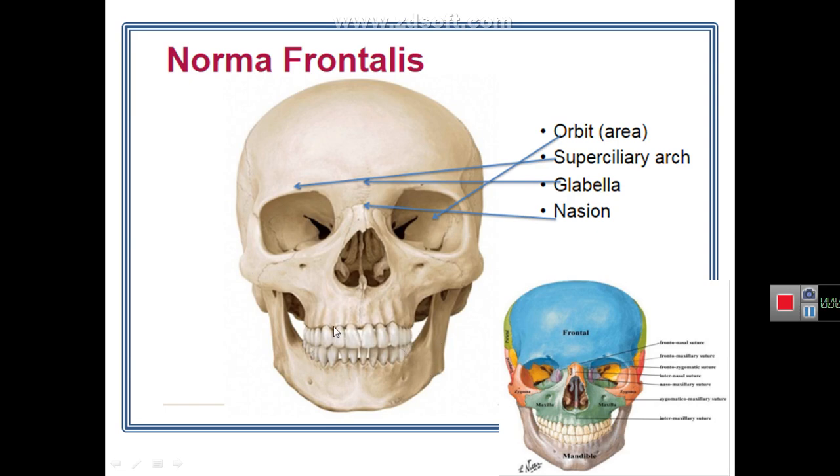Regarding the lower face, it shows the alveoli of the maxilla that carry the teeth, and these alveoli form the alveolar process of the maxilla. And also the mandible shows alveoli, or alveolar process, for the teeth. On each side we have 2 incisors, 1 canine, 2 premolars, and 2 molars.